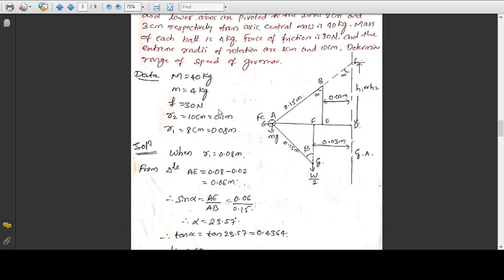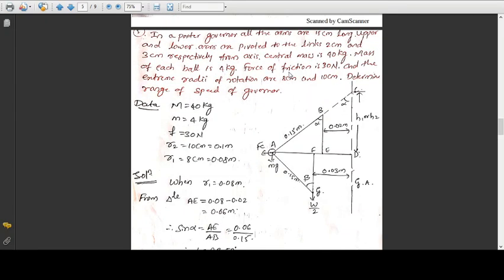Okay, so before starting with the solution, first we'll try to construct the schematic diagram of that governor based on the given condition. In this statement, he has given that they are pivoted to the links 2 centimeter and 3 centimeter respectively from the axis.